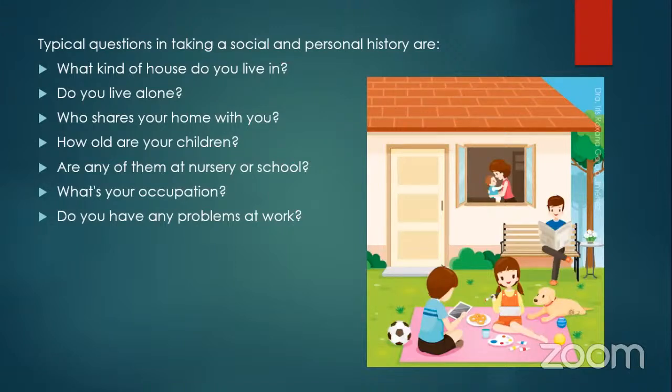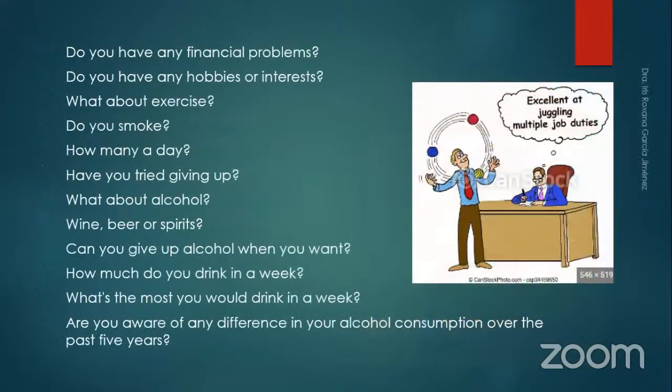Problems at work, of course, is a very, very important question, because this social situation brings stress and lots of consequences, or maybe is not letting the patient buy the medicine. It's complicated, right? Some more questions.